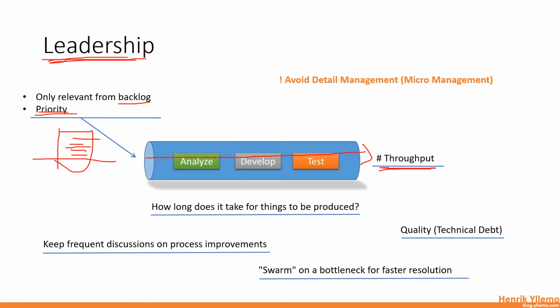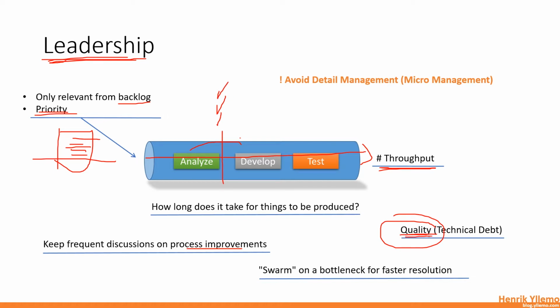And we want to have an ongoing discussion with the team of how we can improve our board, if we need to change or adapt something to the board or to the cards or to the process or something like that. We also need to have some kind of leadership within the quality discussion to address technical debt and the definition of done. So this card can't move here unless this is checked and this is checked and this is checked.